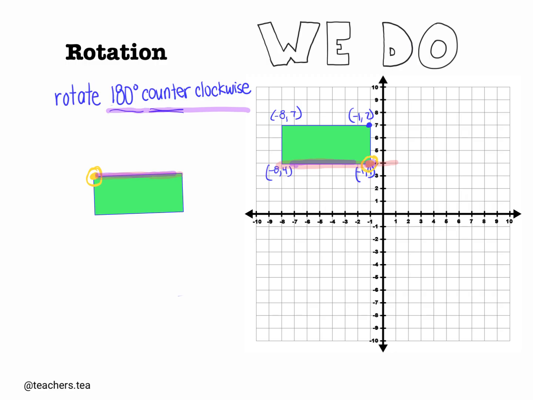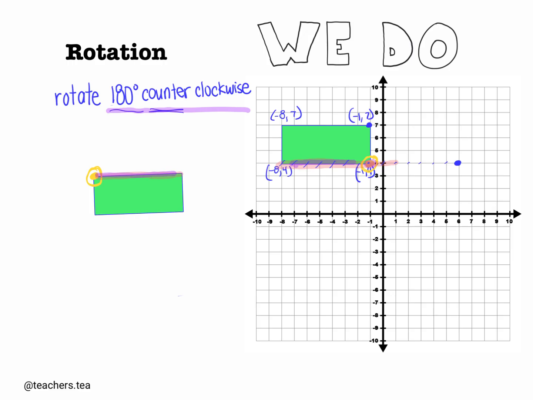So let's count how many spaces it is. So it is from this to the other coordinate. It's 1, 2, 3, 4, 5, 6, 7. So we need to go out 7 the opposite direction. 1, 2, 3, 4, 5, 6, 7.